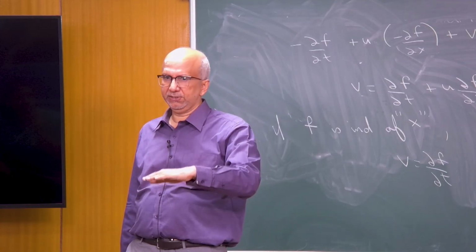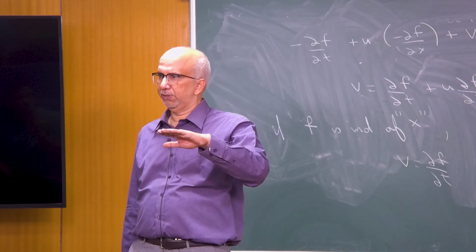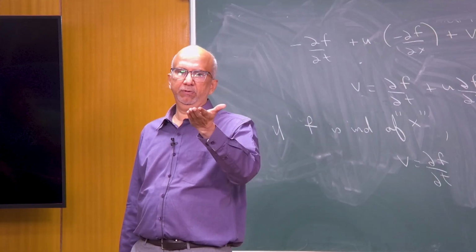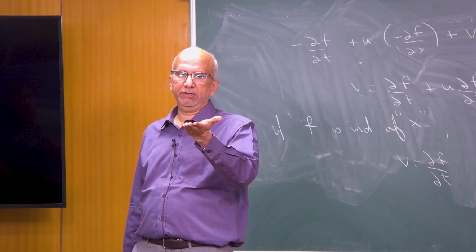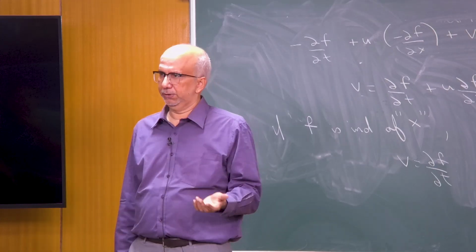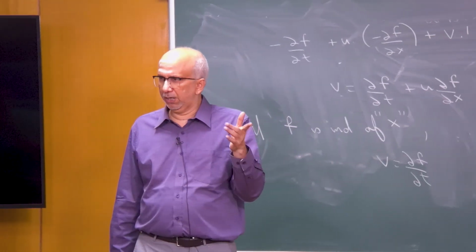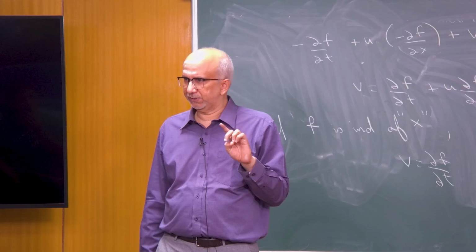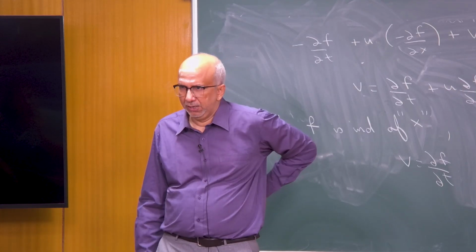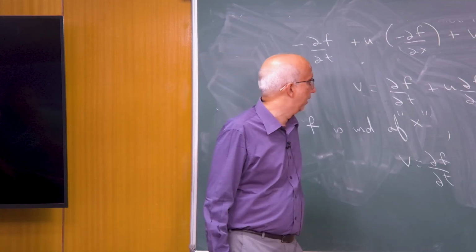So all I am saying is df by dt, the rate at which it is going up, is equal to the velocity. That is what we expect, right? The rate at which the surface is increasing with time is going to be equal to the velocity. That is what this means. So that is basically just to tell you how to interpret this boundary condition physically in a simple case, like when f is not a function of x.